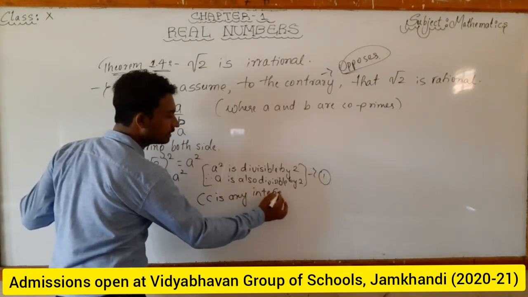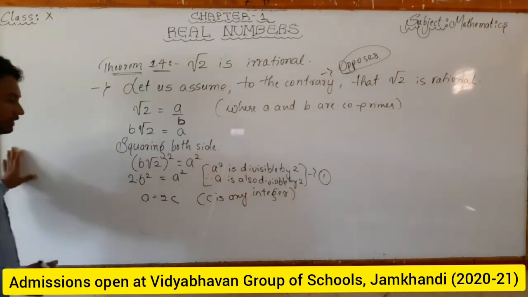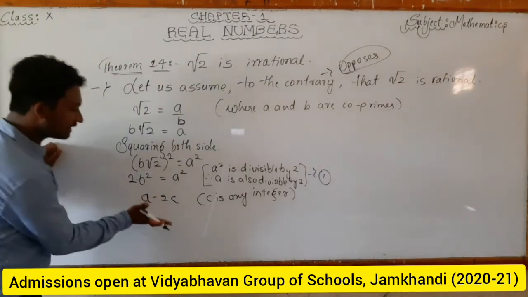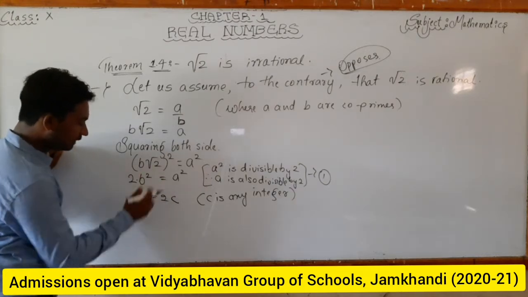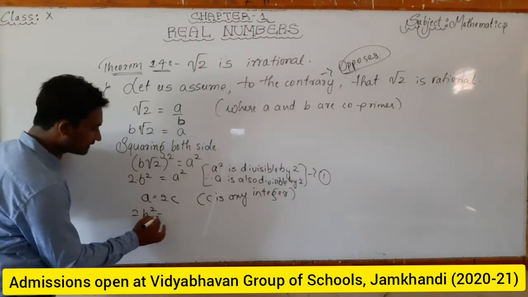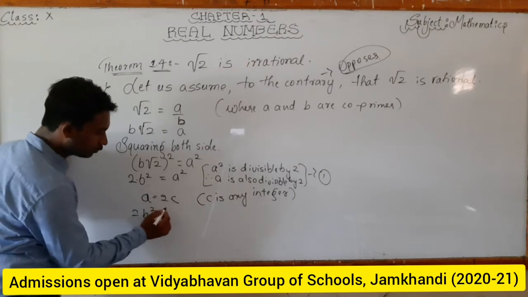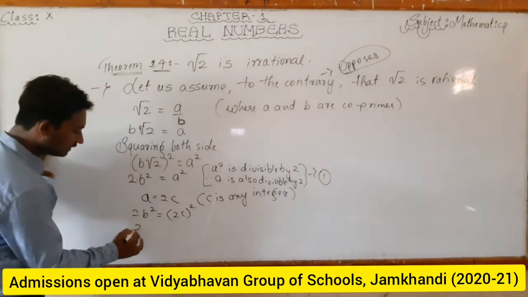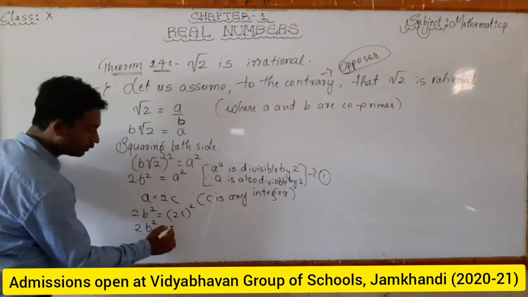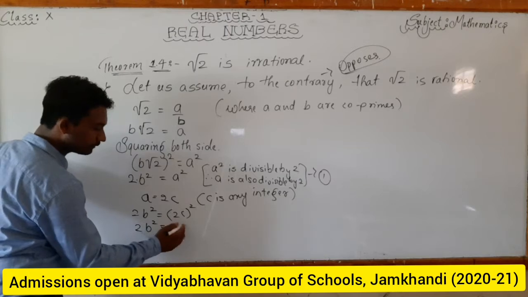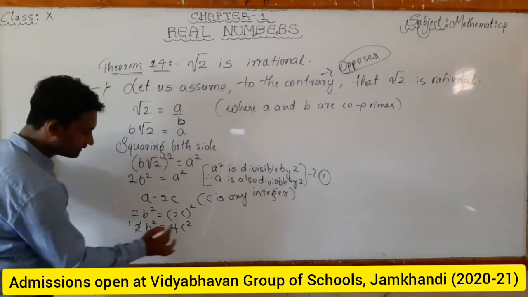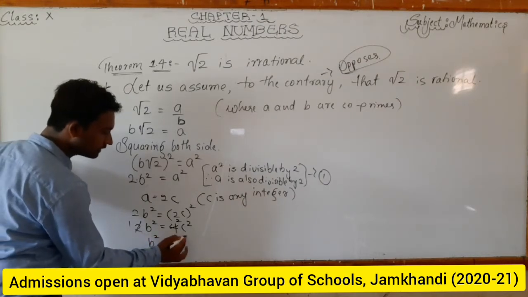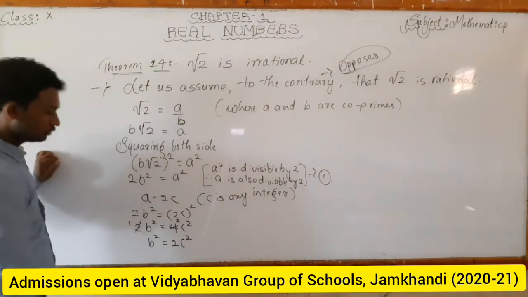I will put this value of a on this side: 2b square equals 2c whole square, that is 4c square. Two ones are two, so it becomes b square is equal to 2c square.